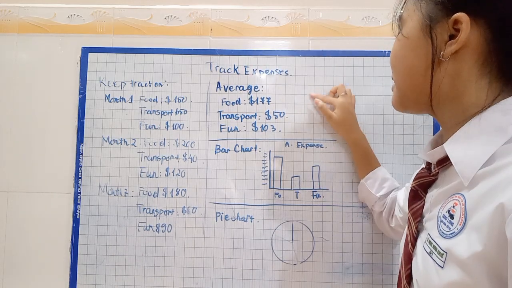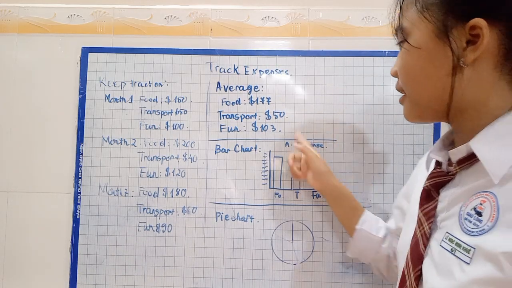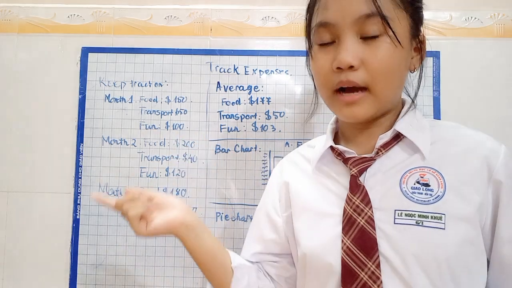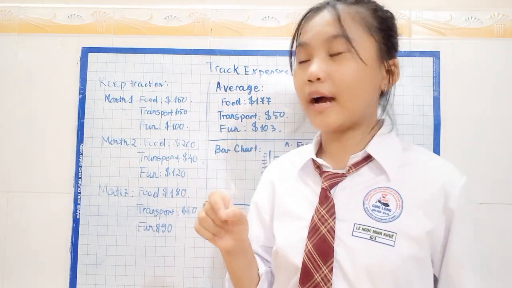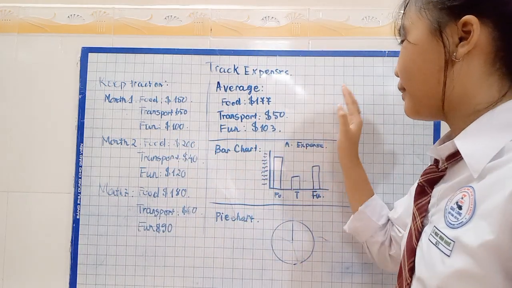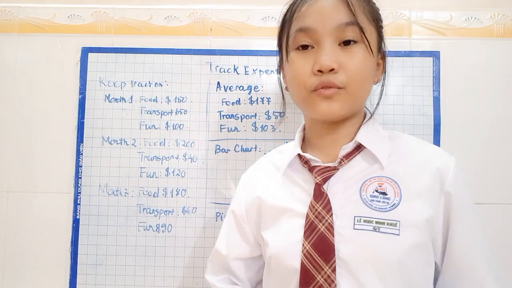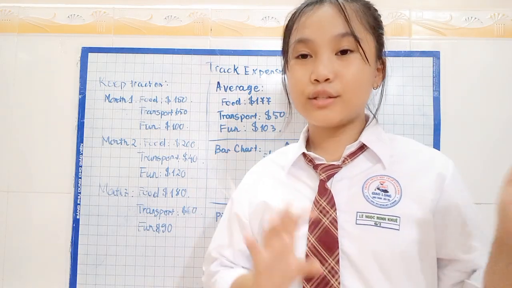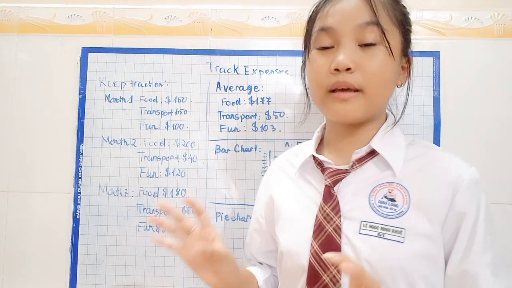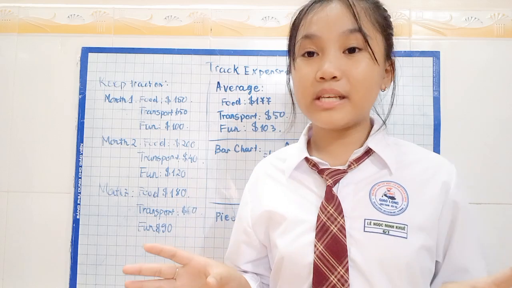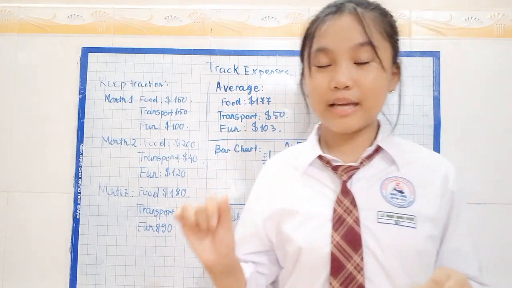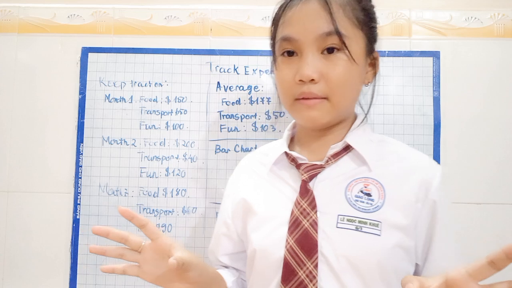On food, we're going to save about $70. On fun, we're going to save about $30. On transportation, we save another $10, which adds up to $40 in total savings, so we have $60. That means we only spend $190 a month, and our saving each month is $60.